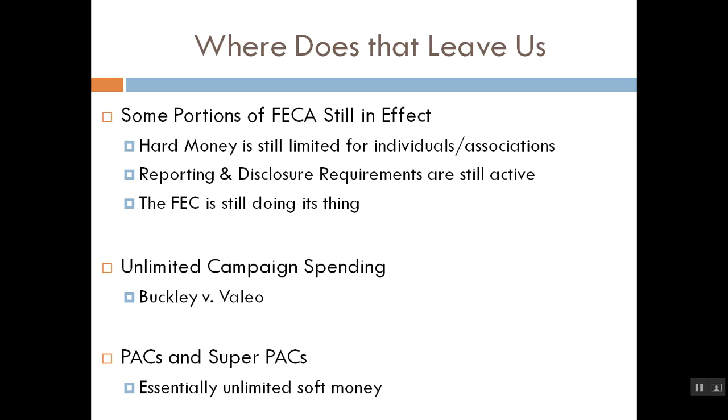But if they can raise $10 million by getting 1 million people to give them $10 each, well, they can spend that. If they can get 2 million people to give them $10 each, well, then they can spend 20 million. There's no limits on how much they can spend, but those limits on how they raise that money are still in effect.